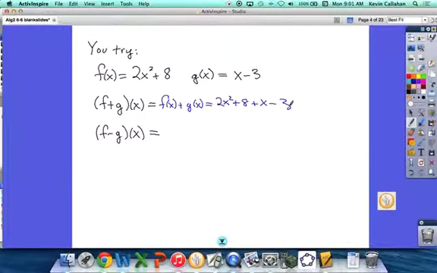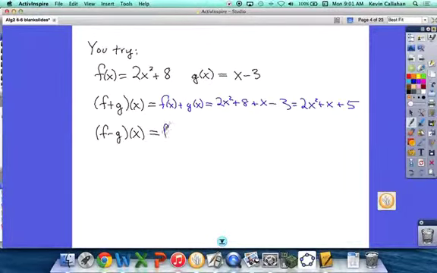Okay. So when you did the addition, which were the like terms? The constants, right? So other than that, you're just going to write this as 2x squared plus x, and 8 minus 3 is 5. And remember that simplifying includes writing it in standard form, right? Making the highest power term on the left, descending order of powers.